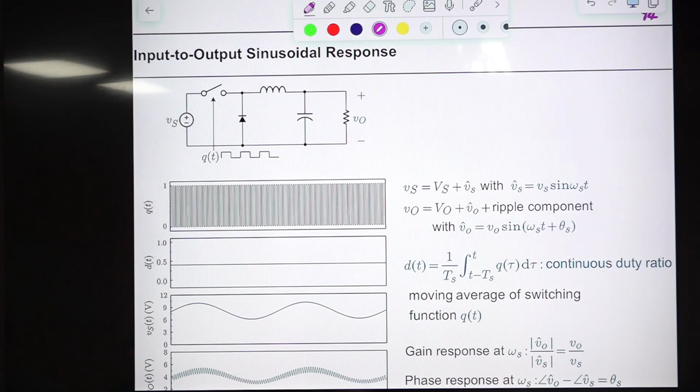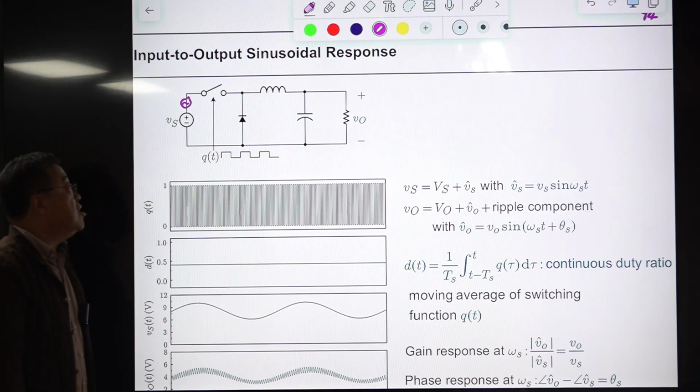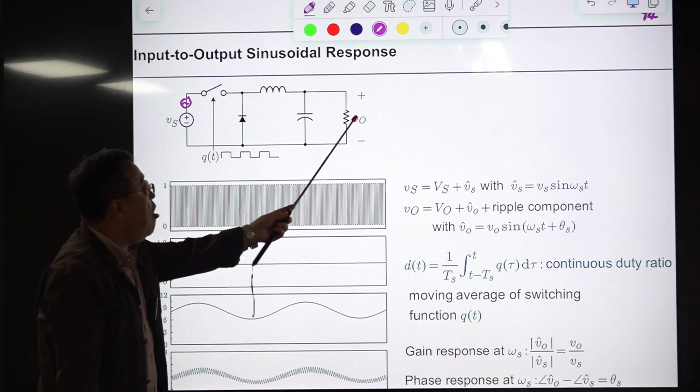Here is a situation. This is a buck converter, and this is the input. This is DC originally, but we added some AC component. So the input voltage is not DC anymore. It has a large DC and a small AC component. So this is the situation. Then what you are expecting is this output voltage.